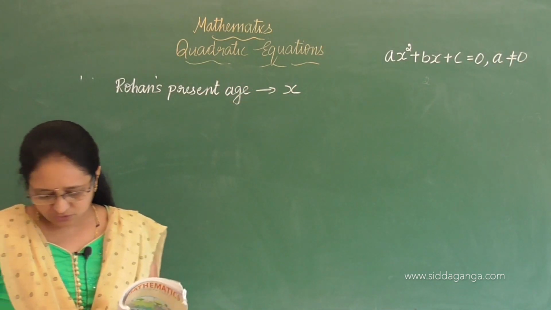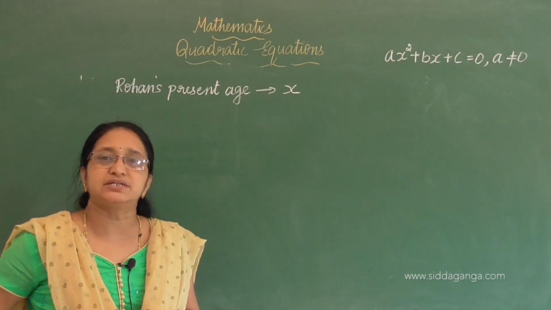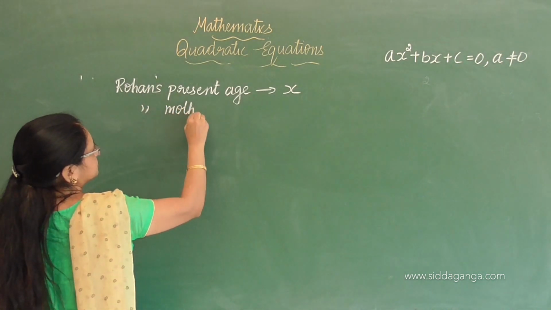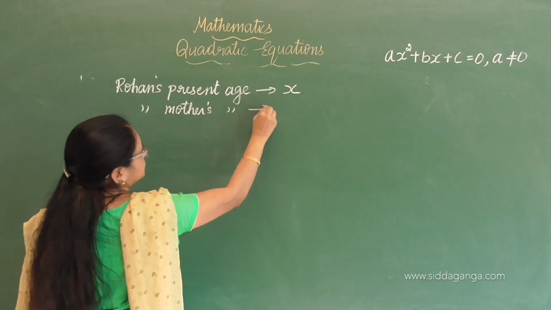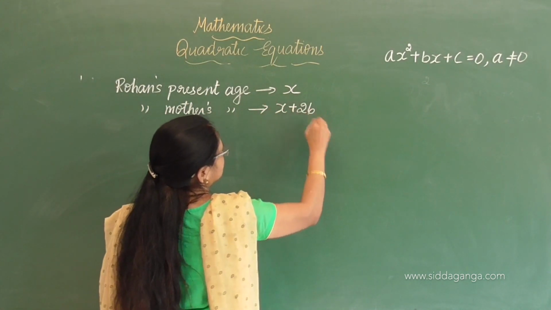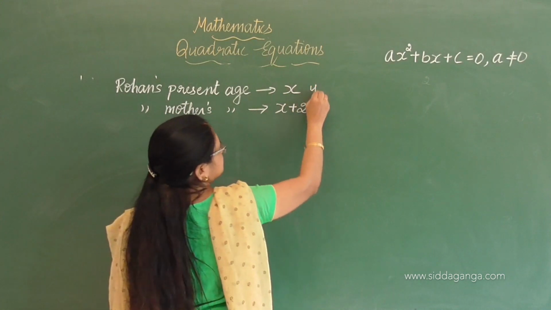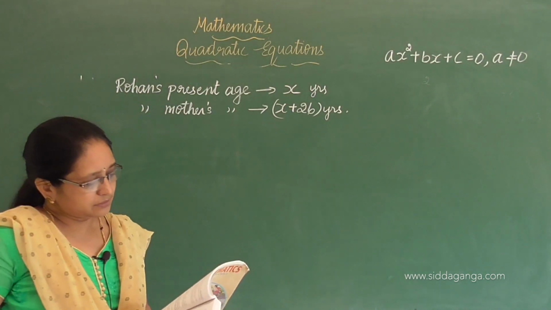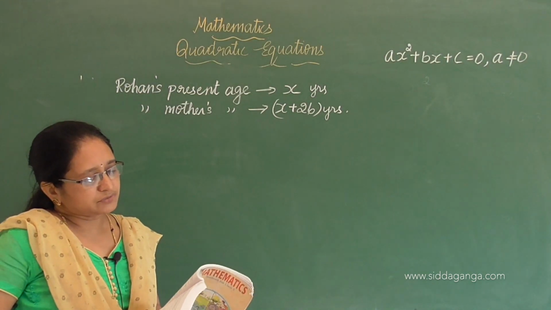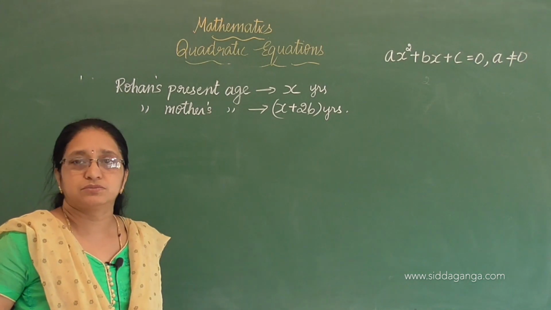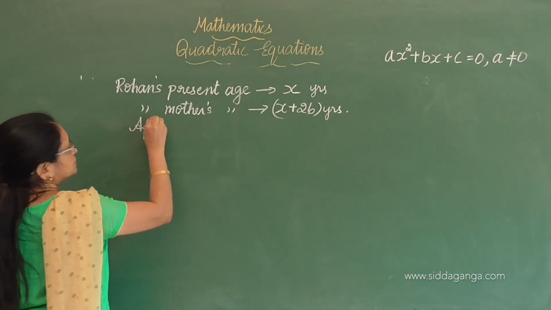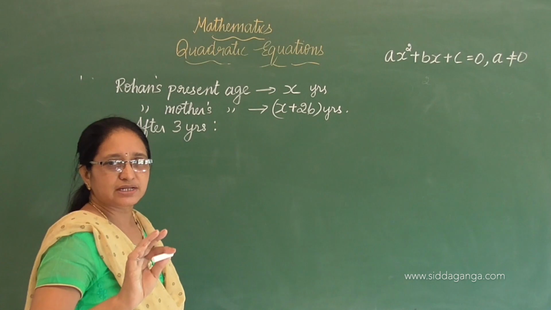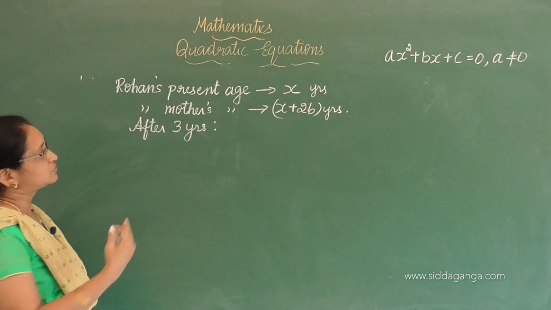Then, what all is given? Rohan's mother's age will be 26 older than him. So, Rohan's mother's age will be 26 older, which means you have to add it, so here you can represent years. Then the product of their ages 3 years from now. So after 3 years, you have all been studying this since lower classes, so I think you know this easily.